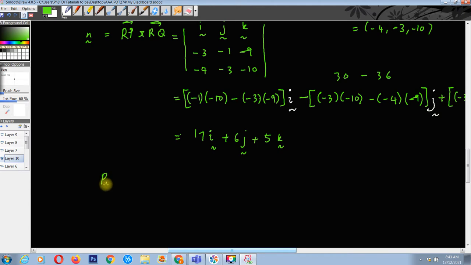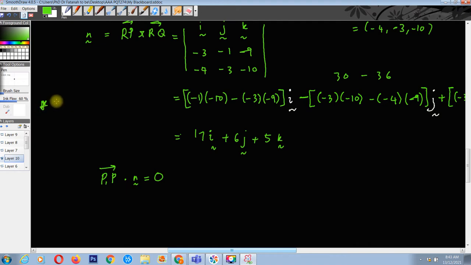P1P dot normal equals 0, because if they are perpendicular, the dot product will be 0.